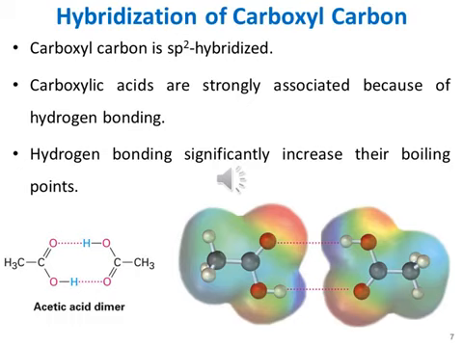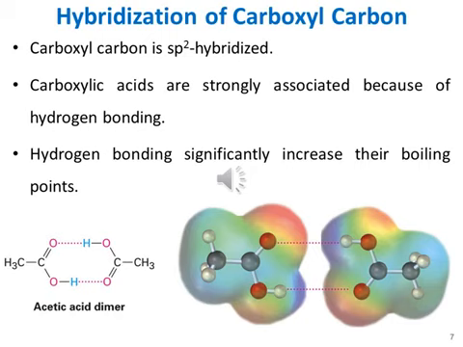If we discuss the bond between the oxygen and hydrogen of the hydroxyl group of the carboxylic functional group, again the electronegativity of the oxygen is higher than the hydrogen, and hence the oxygen partially withdraws the electrons from the oxygen-hydrogen bond, thus producing a partial positive charge on the hydrogen atom of the carboxyl functional group, and leaving a partial negative charge on the oxygen atom of the hydroxyl group.